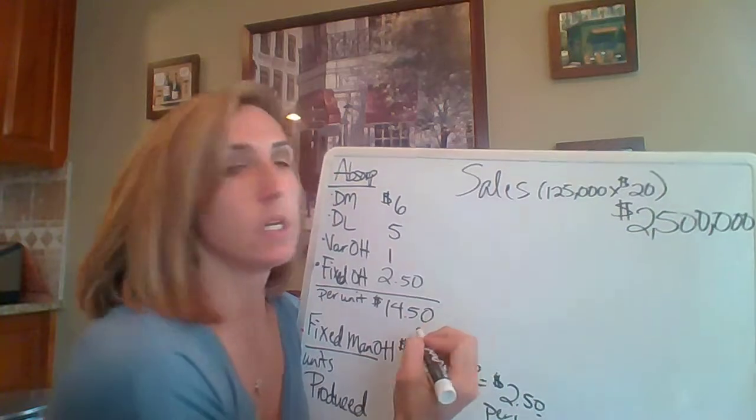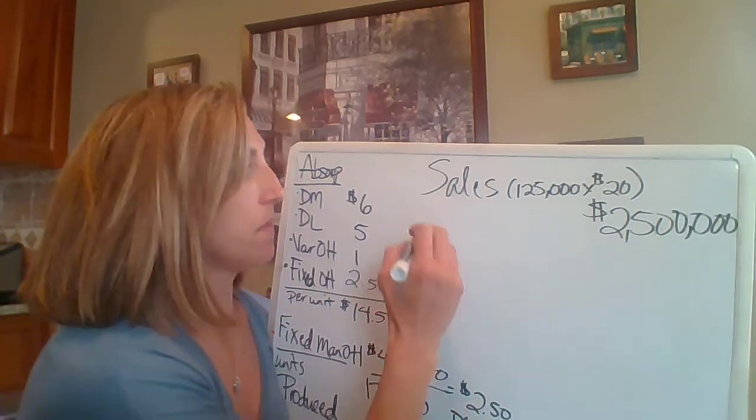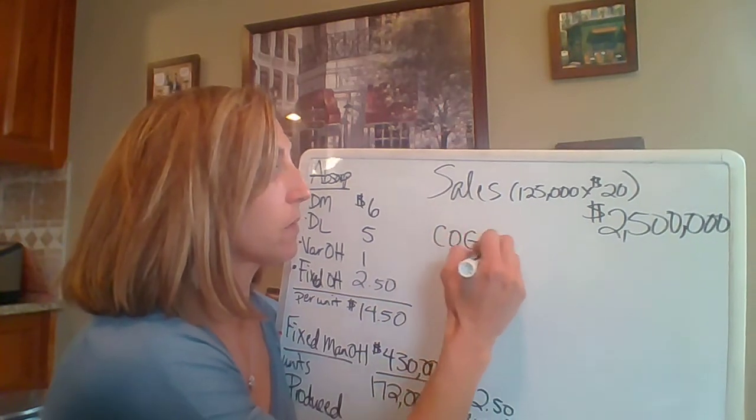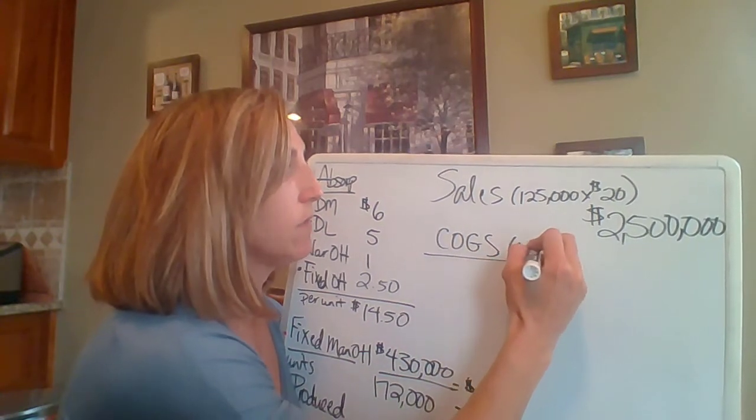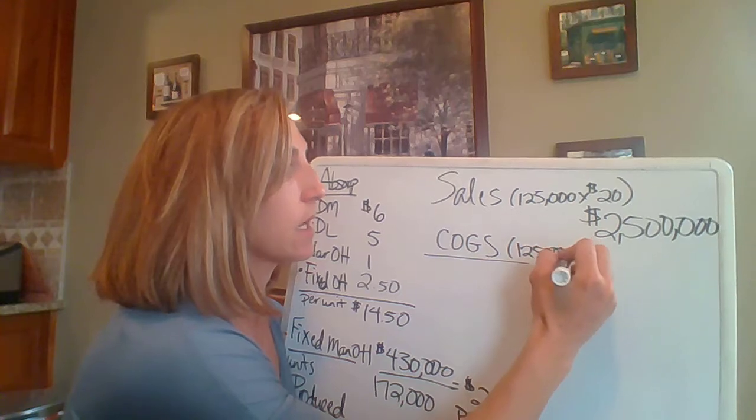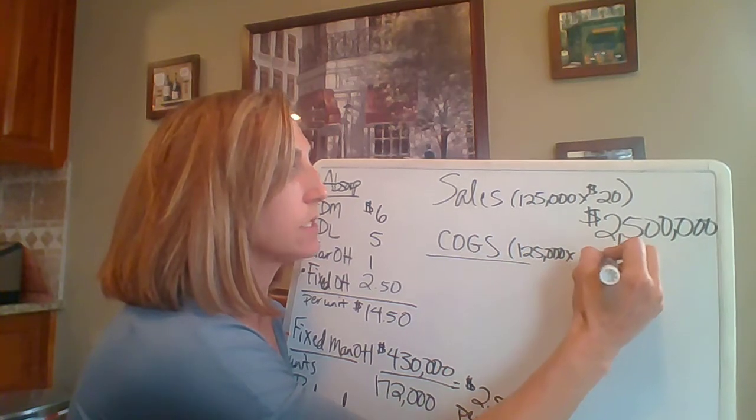$2,500,000. The cost of goods sold this time, though, remember we're working with absorption, the traditional system, is going to say 125, but this time it'll be multiplied by 14.50.